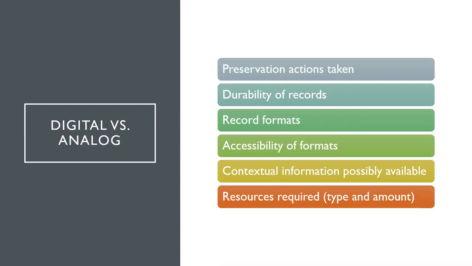And you may not have that with a video or a piece of paper, right? You don't have the ability to find out as much information about an individual record as you might with a digital record. Again, assuming that a sufficient amount of metadata was created and attached to the record over time.